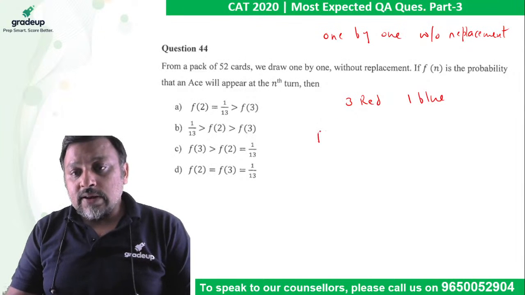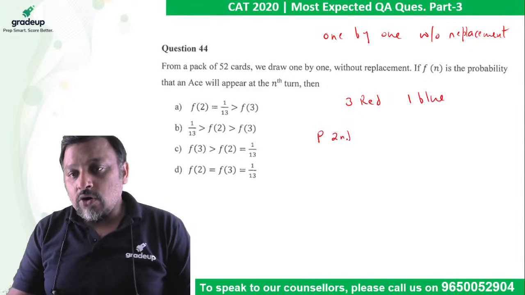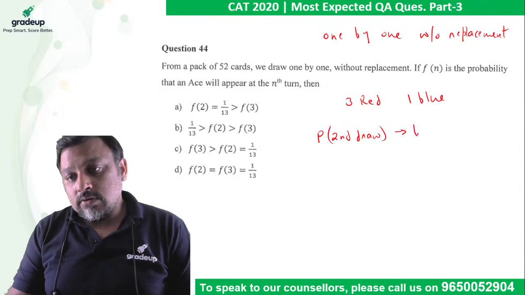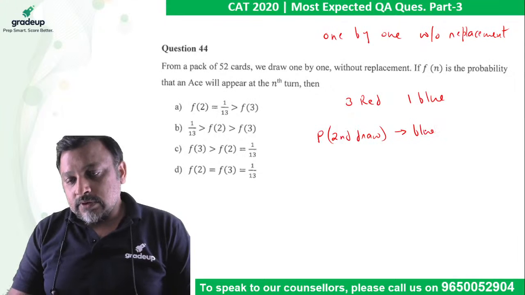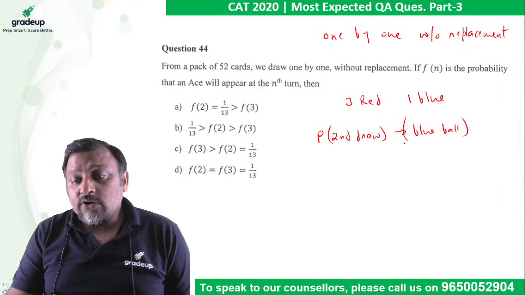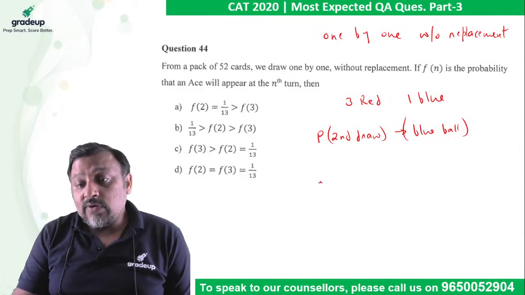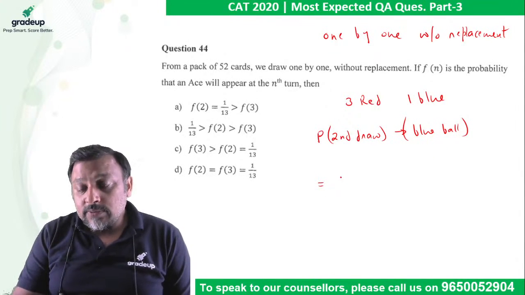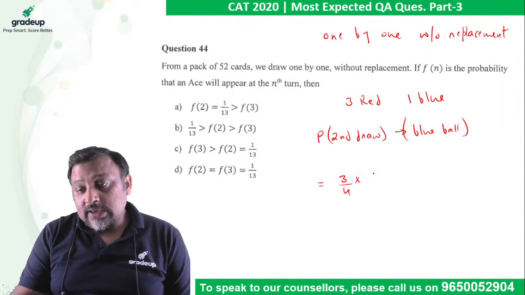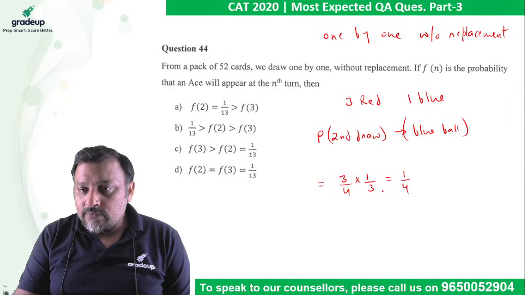So if I need to find the probability that the second draw is a blue ball, one method is I can do this in a conventional way. For the second draw to be a blue ball, can we say the first one should be red, the probability for which is 3/4. Now the second should be blue, so it is 1/3. So it comes out to be 1/4.